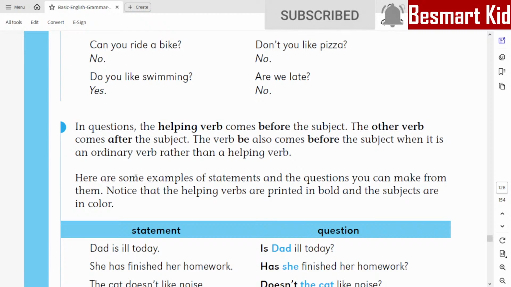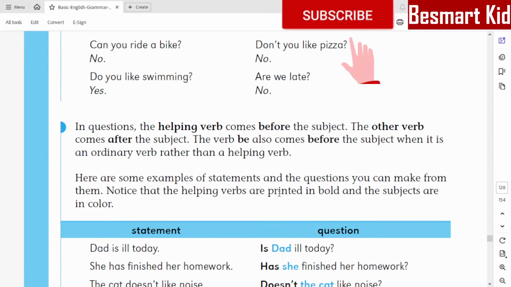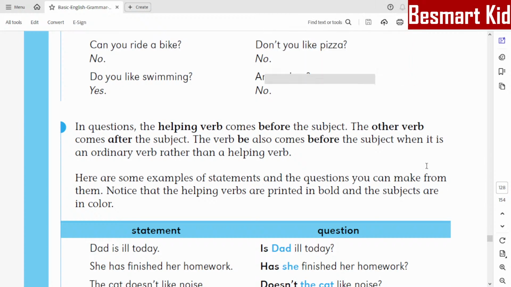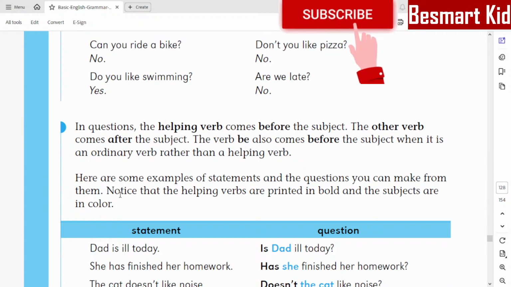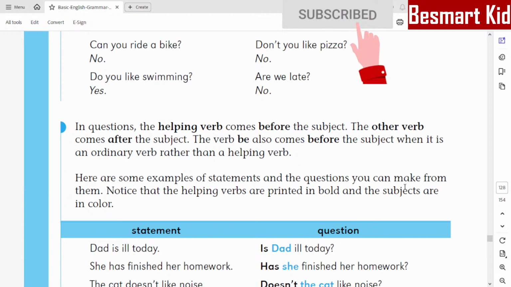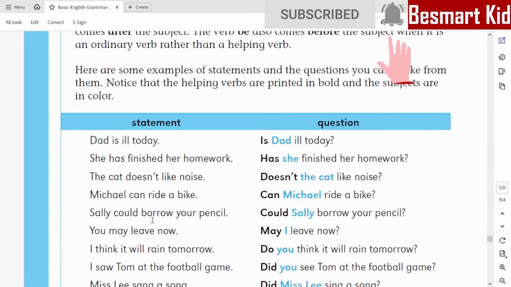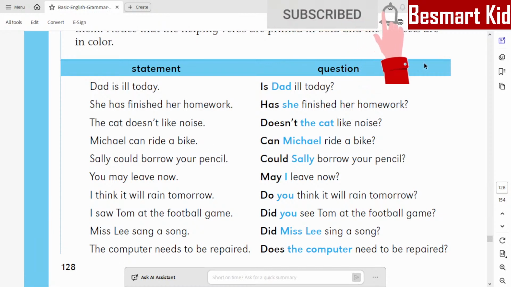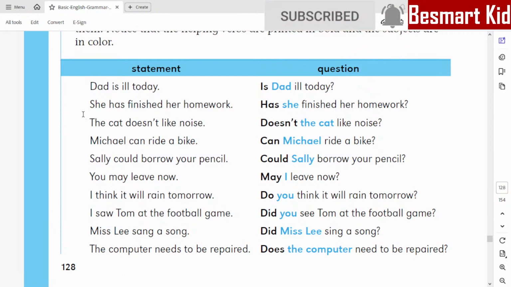Here are some examples of statements and the questions you can make from them. Note that the helping verbs are printed in bold and the subjects are in color. Here we have a statement, and here we have a question.